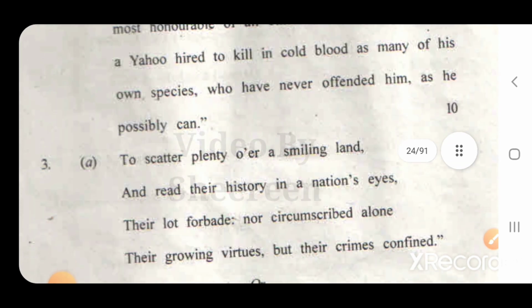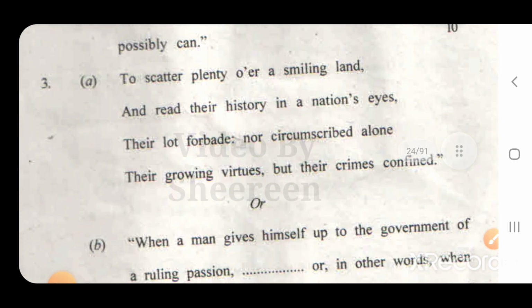Now the third question. "To scatter plenty o'er a smiling land and read their history in a nation's eyes, their lot forbade nor circumscribed alone their growing virtues but their crimes confined." This is from the poem in your syllabus, Elegy Written in a Country Churchyard. In this stanza, the poet is talking about the dead villagers who were very talented people, but they did not get the opportunity to prove themselves, and they were like hidden gems under the ocean, who perished without any notice.